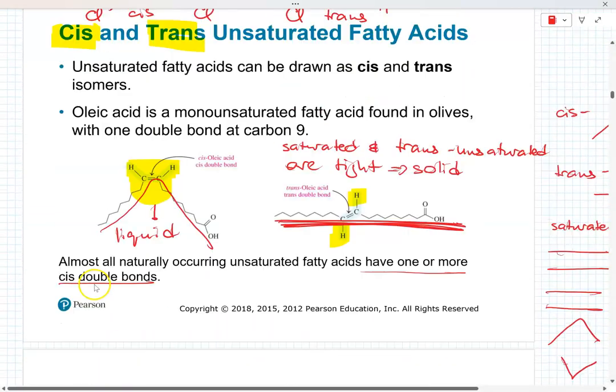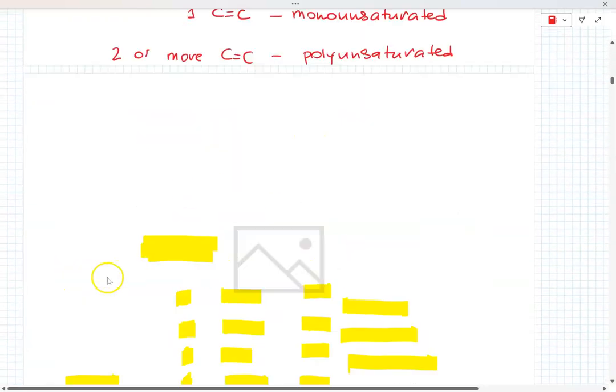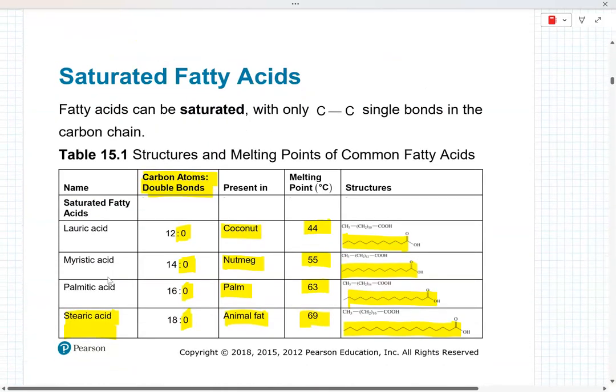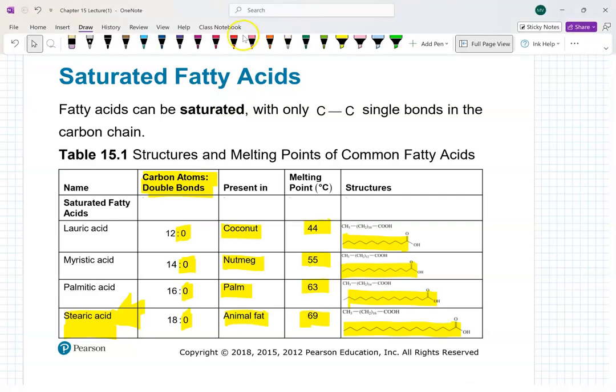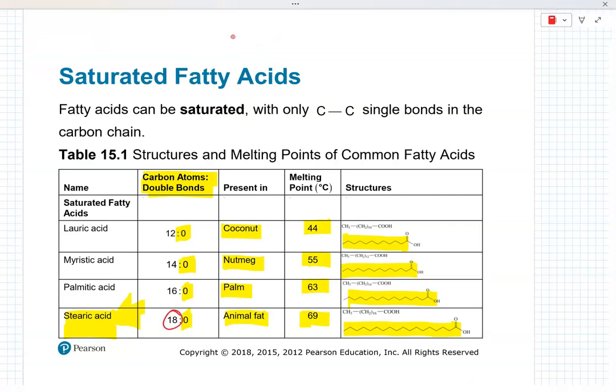I think I found some confusion. So this is your saturated fatty acid, stearic acid, at the bottom. See that? This guy? How many carbons does it have? 18. How many double bonds? 0. Melting point, 69 Celsius.